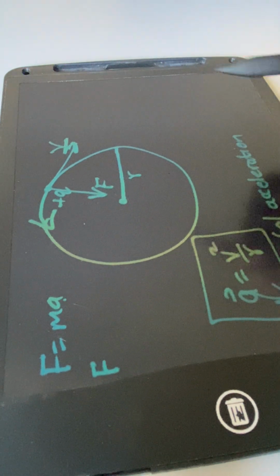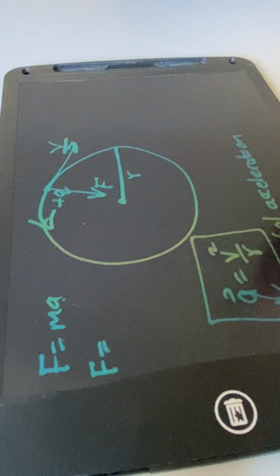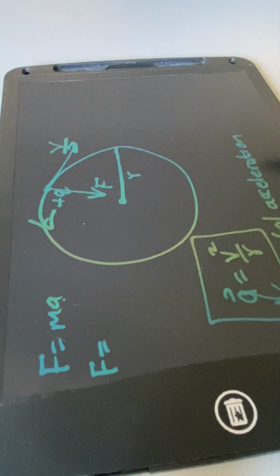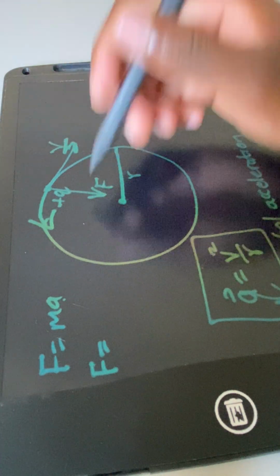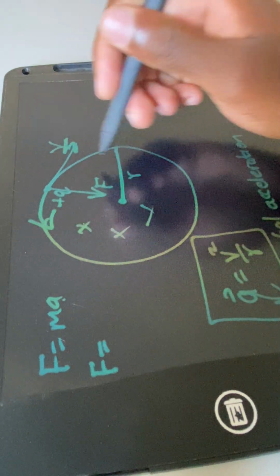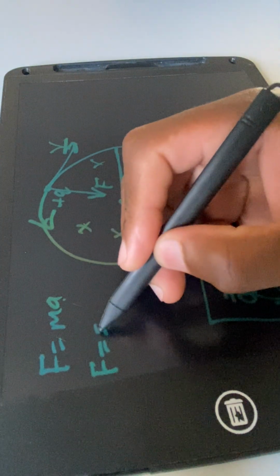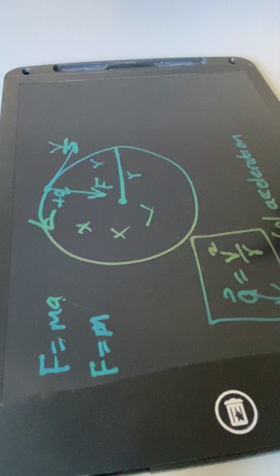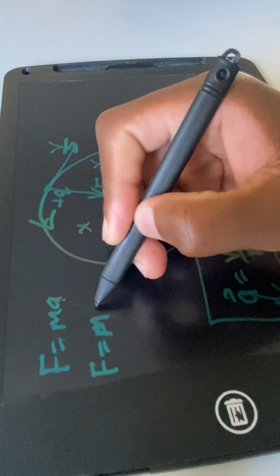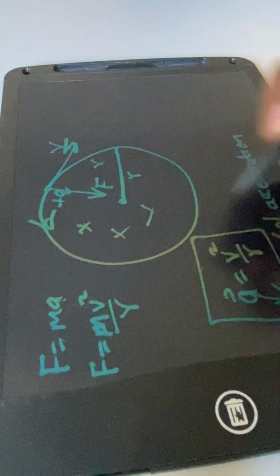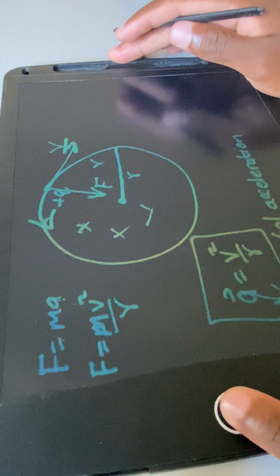So our centripetal force, which is the same as the magnetic force due to these external field lines, is m, the mass of the charge, times v squared over r.